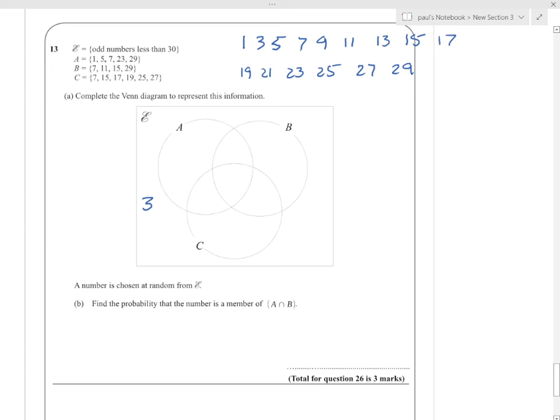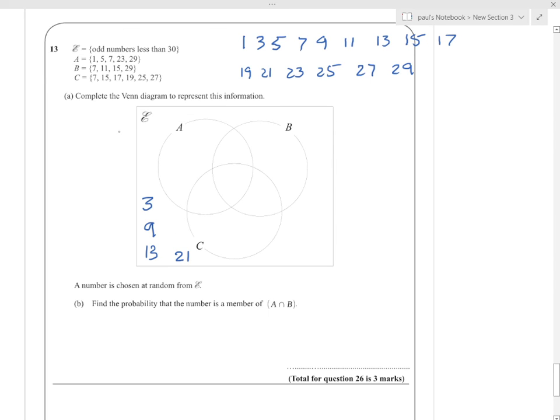So 3, 5, 7, no 9, so there's a 9. 11, 13, don't have a 13 either, so that's there. 15, 17, 19, 21, there's no 21 there, so we'll have a 21 outside. 23, 25, 27, 29. So we've got 4 numbers around the outside.